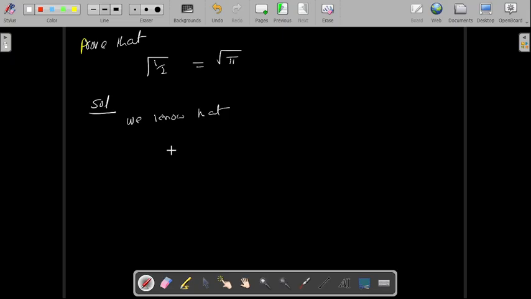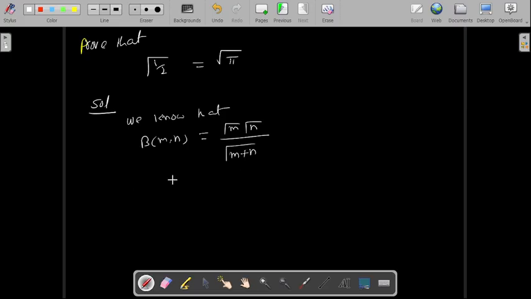What is beta of m comma n? Can anyone tell the relation between beta and gamma? What is beta of m comma n? Till just now we proved it. Gamma m gamma n by gamma of m plus n.